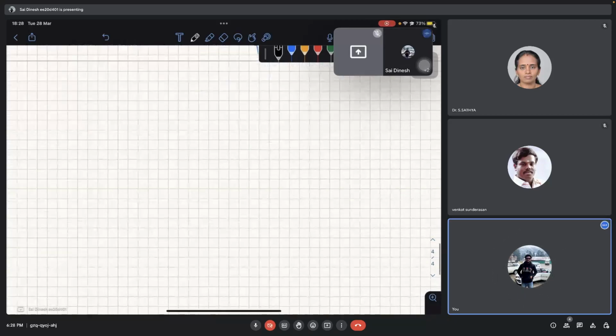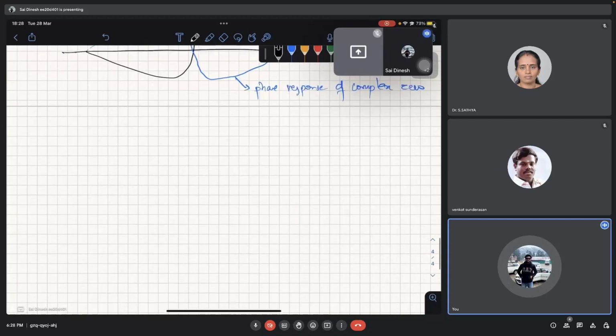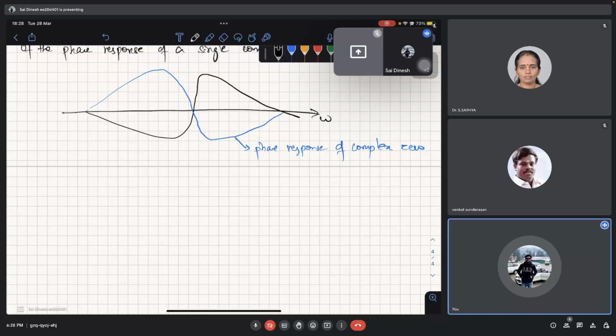So the change in the sign of the phase response, from negative to positive or positive to negative, occurs at the omega of the corresponding zero or pole. So whenever there is a pole or a zero on the real axis, the sign change occurs at 0.